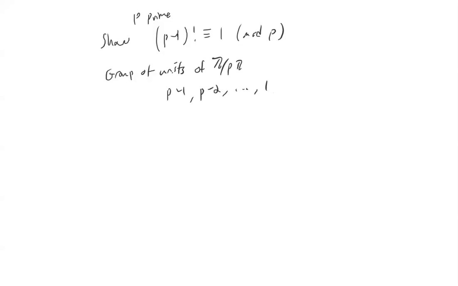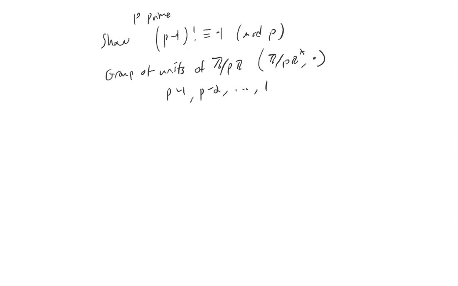These are all the units in Z quotient pZ. I'll call it with a cross, which means they have inverses under multiplication. And you showed in your quiz that this is a group, right? Everyone follow?